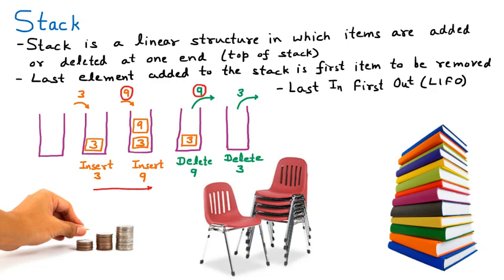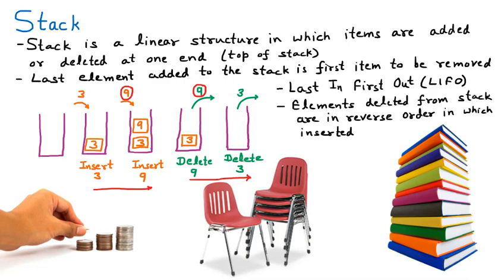But while deletion, the sequence was 9, 3. So that is exactly opposite. That means elements removed from the stack are in the reverse order in which they are inserted. So if the elements entered are 1, 2, 3, 4, 5, then the elements taken out will be 5, 4, 3, 2, 1.